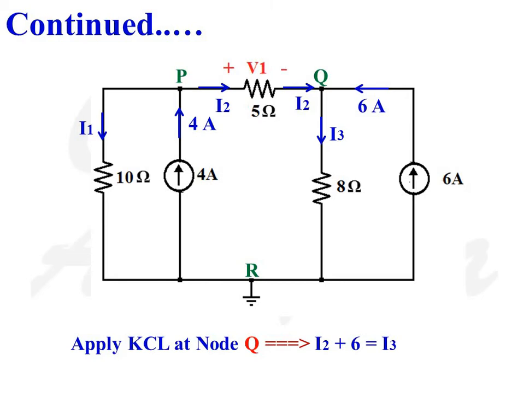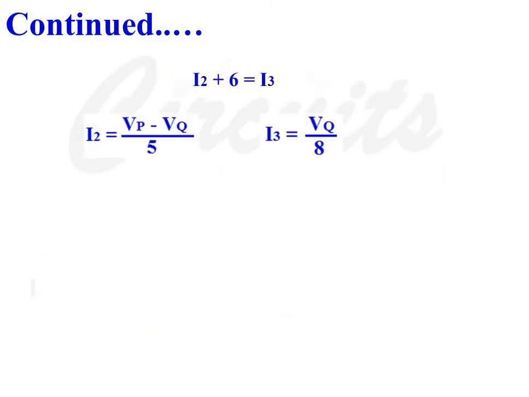Therefore, according to KCL, we can write I2 plus 6 is equal to I3, where I2 is equal to (Vp minus Vq) divided by 5 and I3 is equal to Vq divided by 8. Therefore, we can write (Vp minus Vq) divided by 5 plus 6 is equal to Vq by 8.